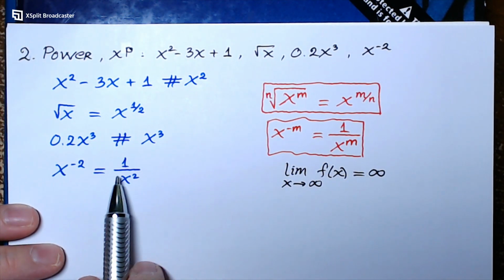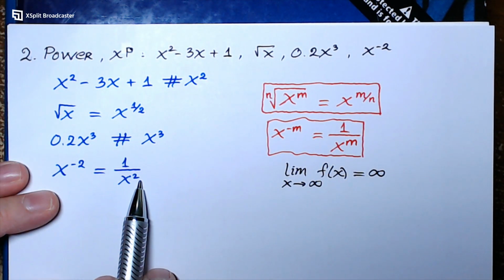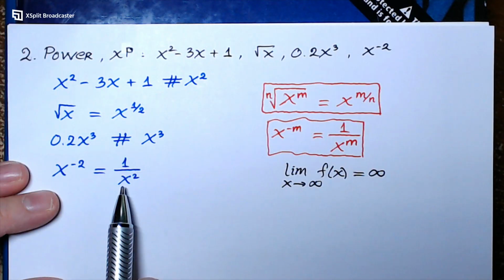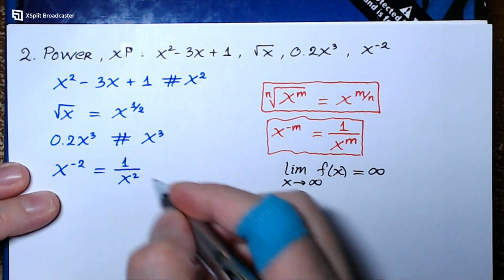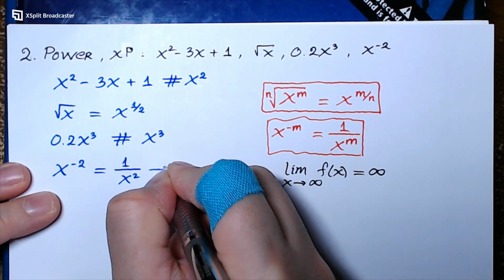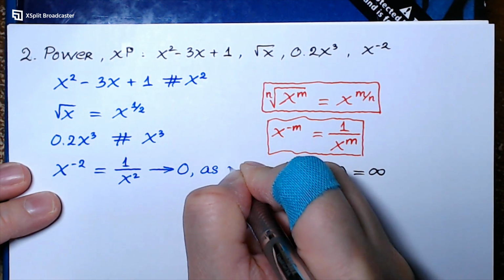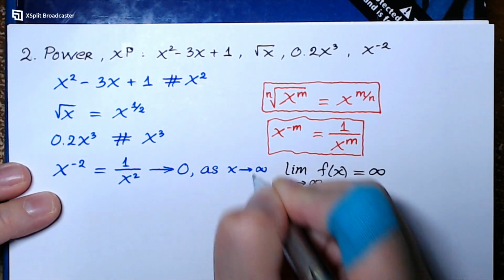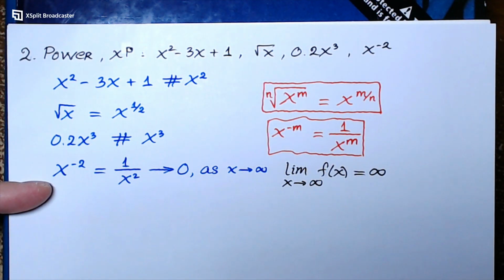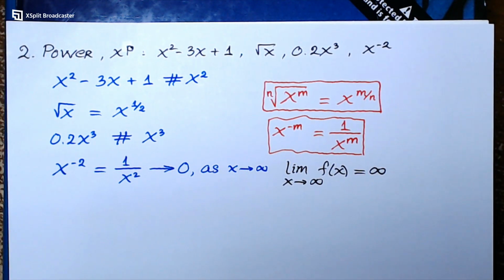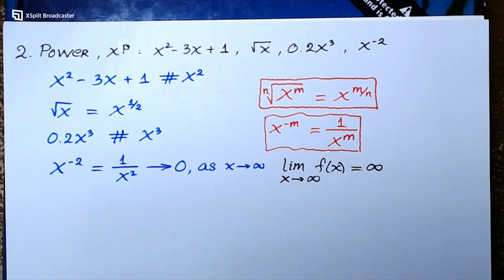So in this case, if x goes to infinity, we have 1 over infinity, and that goes to 0. So we say it goes to 0 as x goes to infinity. So with that, of course, that does not have a growth rate, because it does not go to infinity, it goes to 0. So in this case, we'll cross that out from the list.